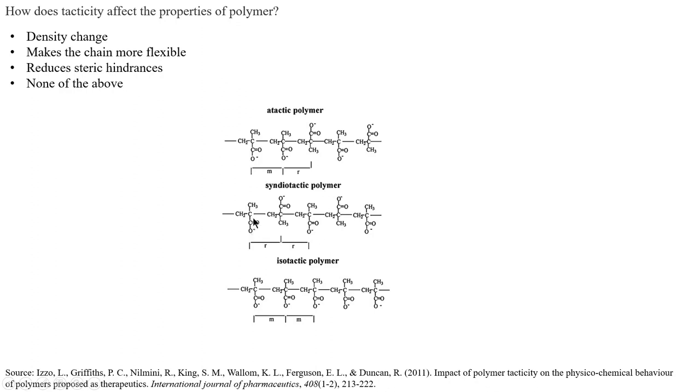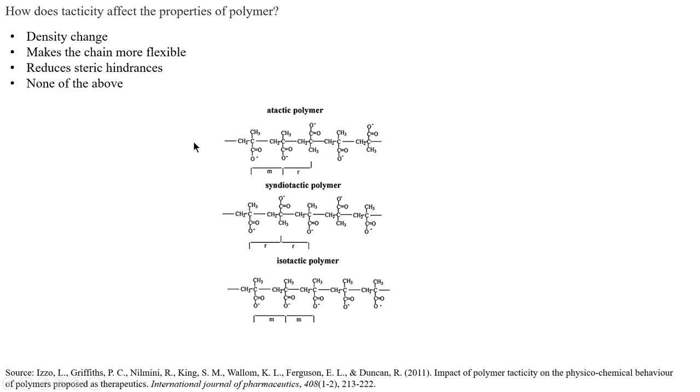But in this case, you can see that since the functional groups are present at a far away distance on the alternate side of the polymer backbone, the steric hindrances are managed properly. And because of this, the resultant effect is that much better closer packing can be observed in syndiotactic polymers. So the packing density will be much higher in syndiotactic, followed by the isotactic, and followed by the atactic polymer.